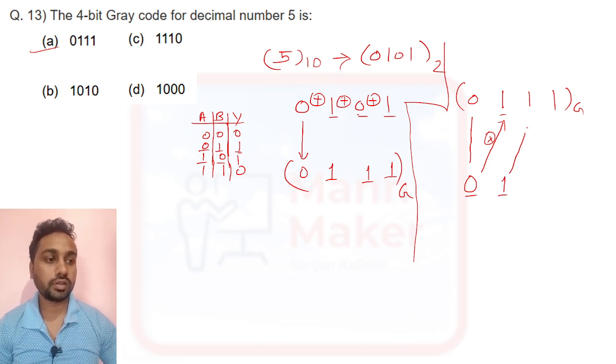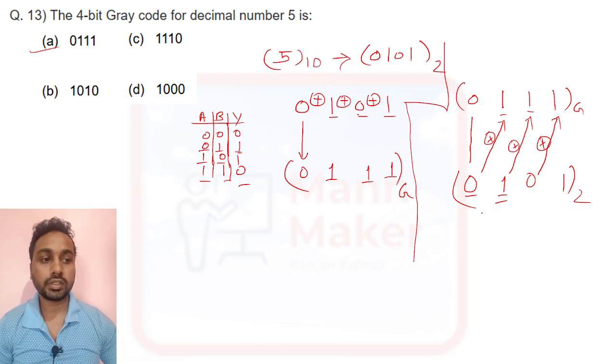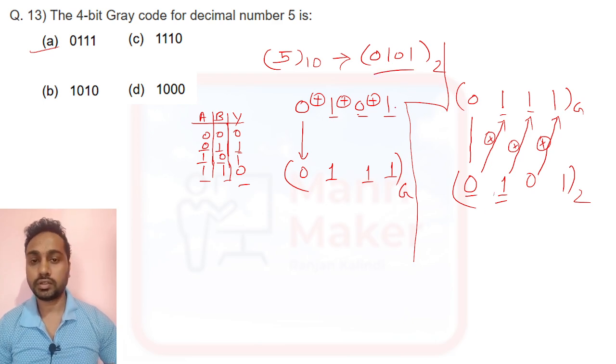Again from this 1 to this 1 you apply XOR, 1 XOR 1 is 0. So here it will come 0. Now again 0 XOR 1 is 1. So this is your binary representation, which is matching with this one. So like this you need to do gray to binary and binary to gray conversion.